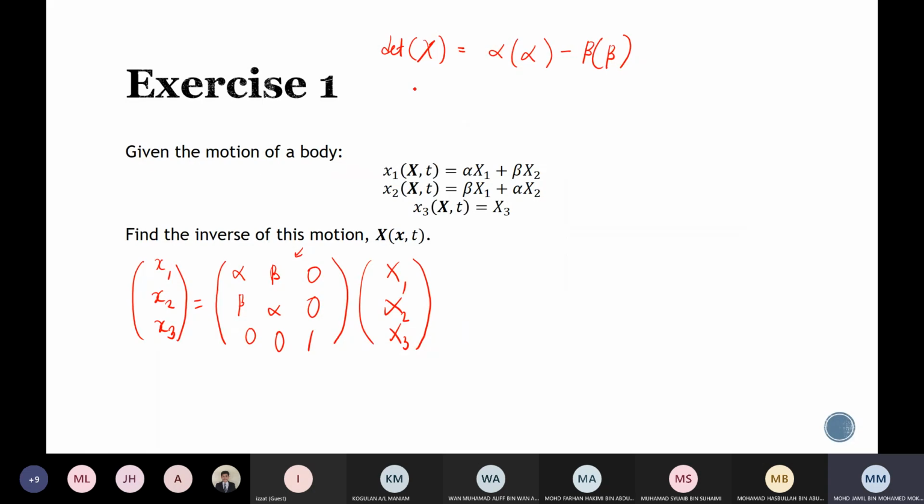Okay, you know how to find a determinant, so try it later. You get alpha squared minus beta squared. I hope this is correct. And then after you find the determinant, you need to find the cofactor, the cofactor matrix of chi.